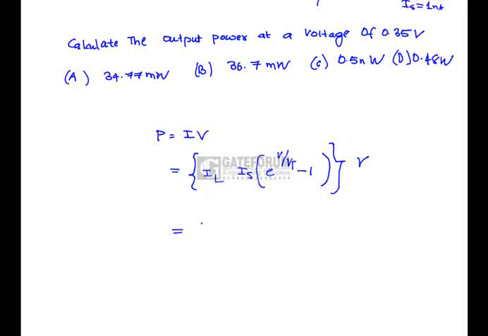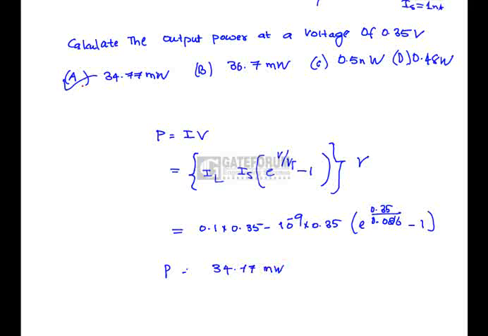Here IL is 100 milliamps, that is 0.1, into 0.35 minus 10 power minus 9 into 0.35 (e power 0.35 by the thermal voltage, which at a temperature of 300 Kelvin is 0.026, minus 1). If we evaluate this equation, we will get the answer as 34.77 milliwatt, which is option A is correct.